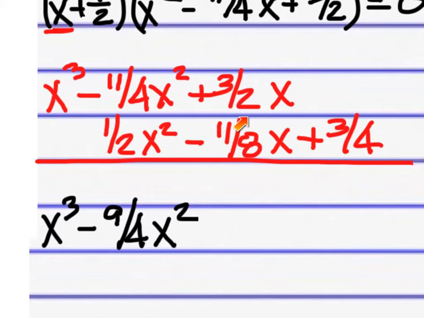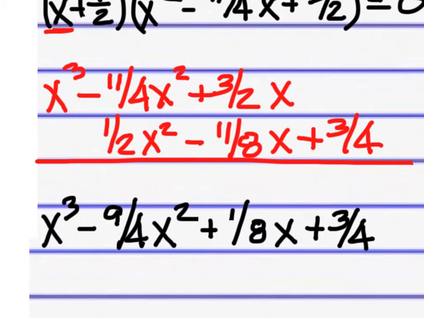The common denominator here would be 8. If I make this an 8, I had to multiply by 4. So this would be 12. 12 minus 11 is 1. So plus 1 over 8x. And then plus 3/4. All of this equals 0.